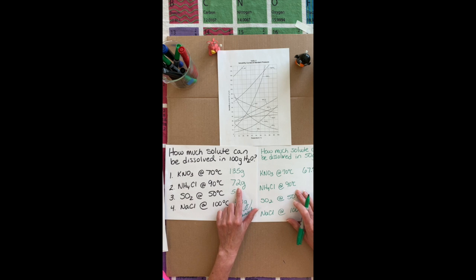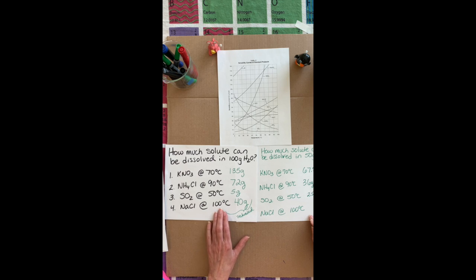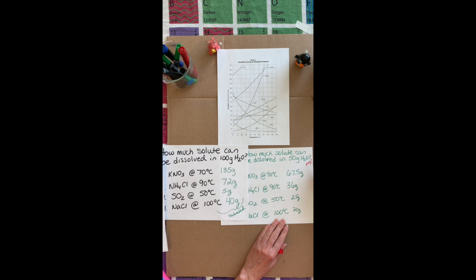Likewise, we're only going to have half of this amount able to be dissolved. With your sulfur dioxide, only half. And finally, with your sodium chloride, only half will dissolve at 20 grams. Could the Regents ask about 200 grams of water?